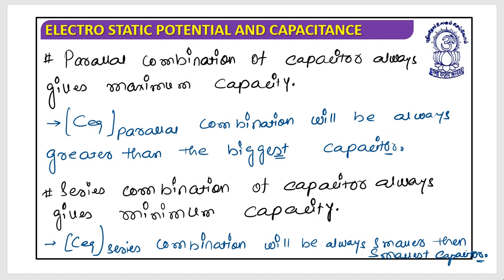And when I find the C equivalent of a series combination, then my C equivalent will always be smaller than the smallest capacitor. I hope these things are clear to you. Is it clear to you? Are you sure? So let's have the next question.